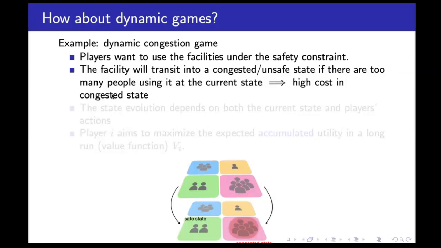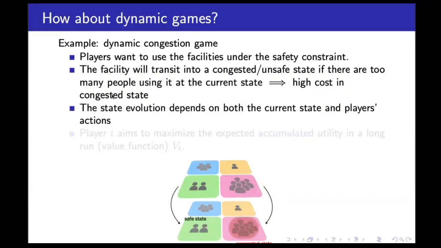And if there are too many people using the same facility, the facility will transition into a different state, a congested state. In that state, you will have a much higher cost than in a normal state. So now the state of the facility can change at each time step. And this state evolution depends on the current state and also the action profile of all the players.